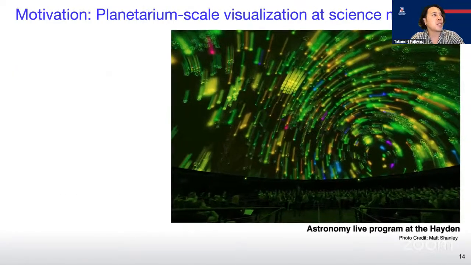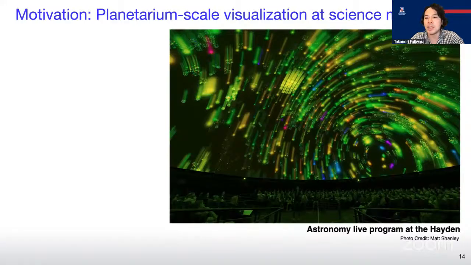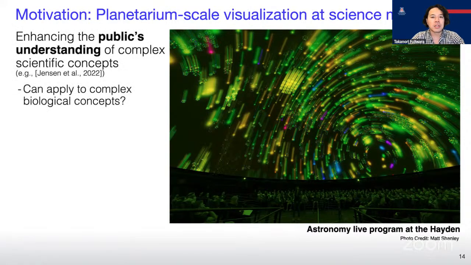These planetariums so far are mainly used for presenting astronomical findings to the public. The planetarium's highly immersive environment helps the public understand complex scientific findings or concepts. So we are interested in utilizing the same strengths to convey complex biological concepts.